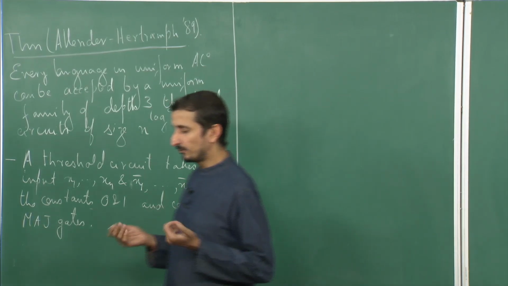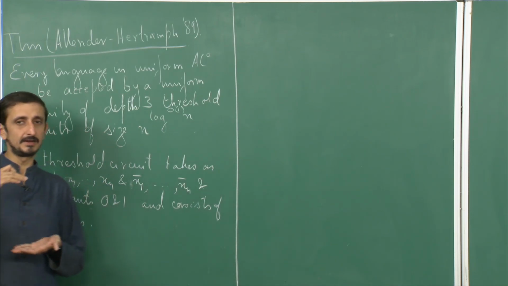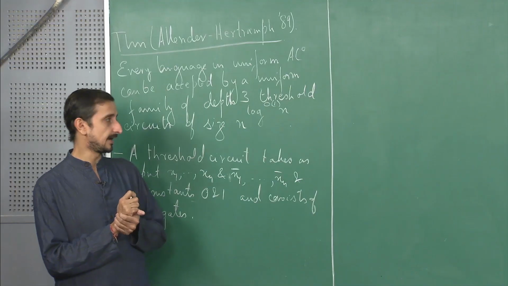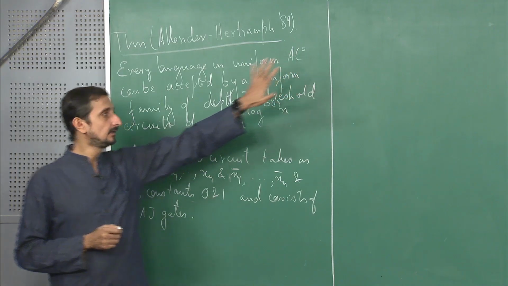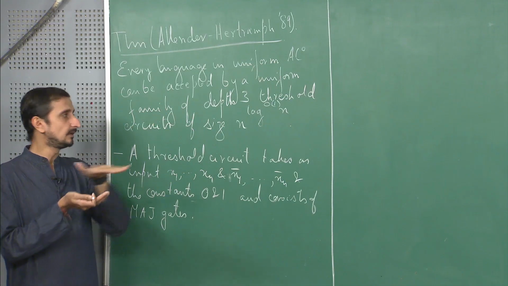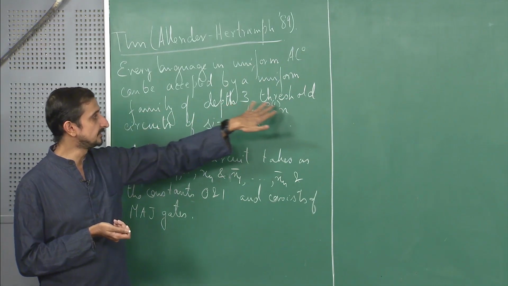Okay, so essentially what this theorem is saying is that you take an arbitrary but constant depth circuit consisting of arbitrary fan-in AND and OR gates. This AC0 circuit can have any depth d, and we reduce it to a depth 3 threshold circuit.